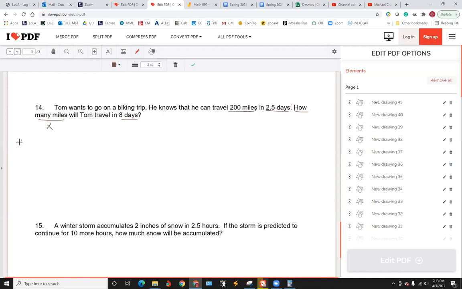Doesn't matter where you put it. We can put days up here, or we could put miles. The important thing is we have to line up going across.